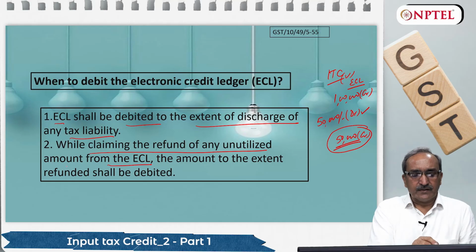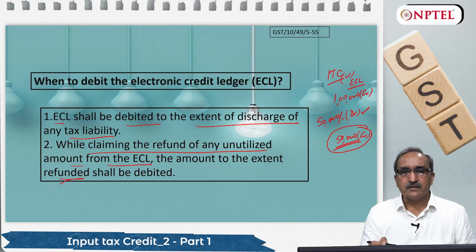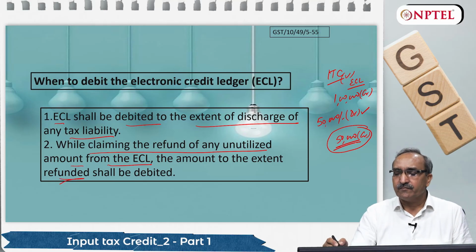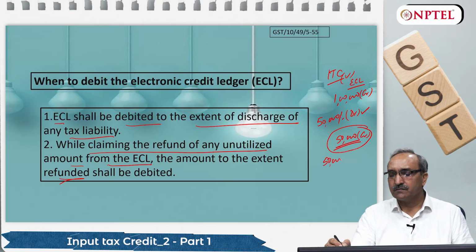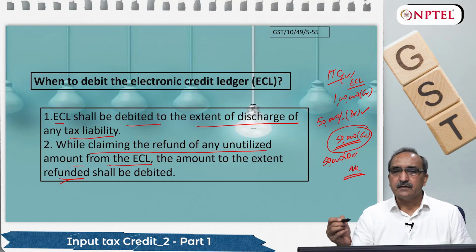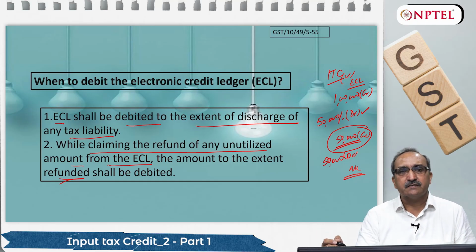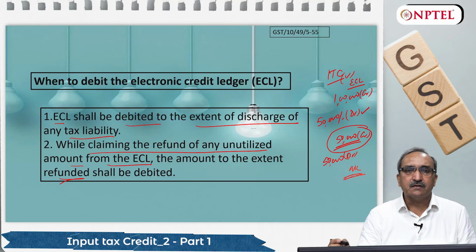So when you have a refund amount from the government, the ledger will be debited by 50,000 rupees. Now the balance is nil. This way the credit ledger is depicted on the GST portal, because every time you take any action you have to declare it on the GST portal, and accordingly your ledgers are depicted there.